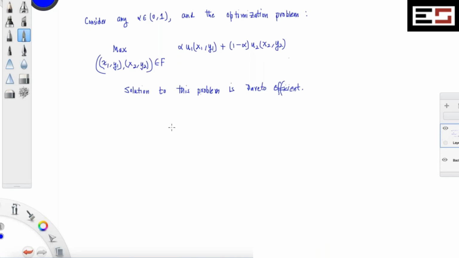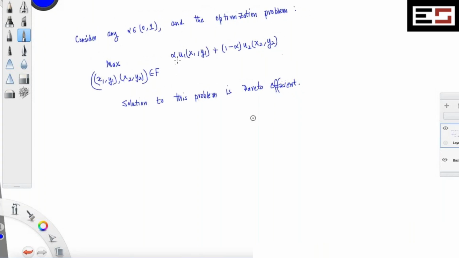I'll also tell you, another good thing about this particular result is that it can be generalized to any number of consumers and any number of goods. Okay, so this is also something which is true about it. And there is another thing which is also true.